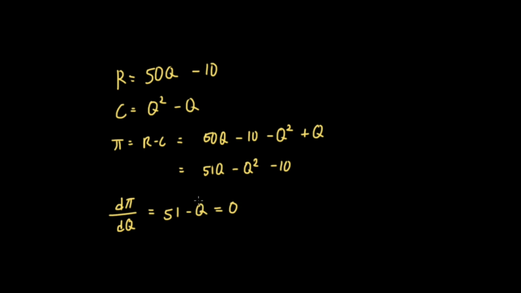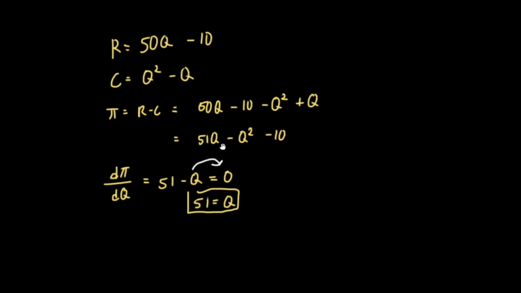When we transpose Q here, what we find is Q would be equal to 51. And so the profit maximizing quantity or the profit minimizing quantity, we don't know yet, would be 51.